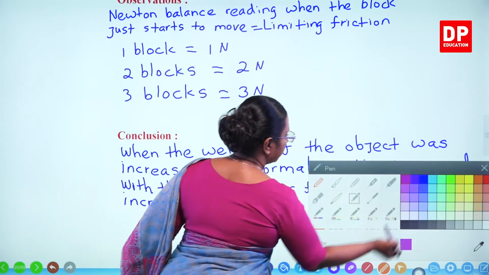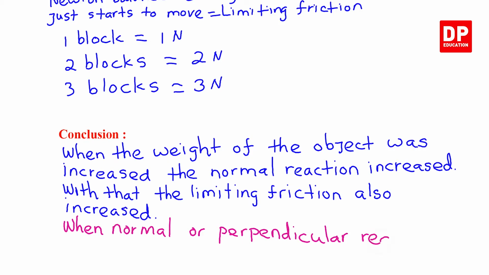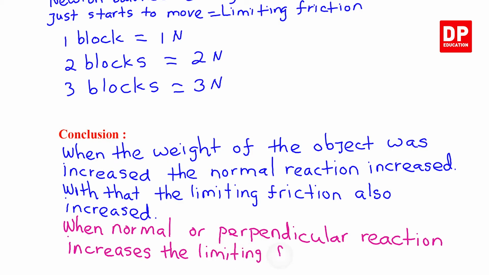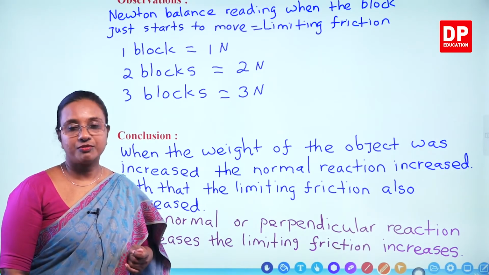So here we can say when normal or perpendicular reaction increases, the limiting friction increases. So that is the conclusion we can draw from this activity.